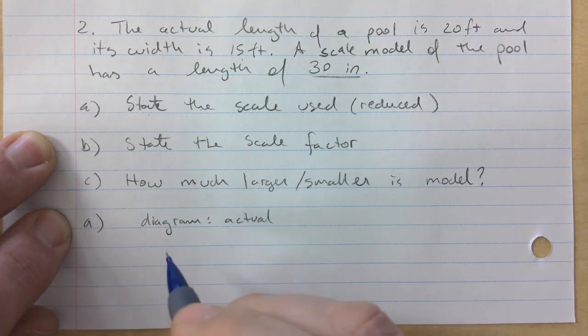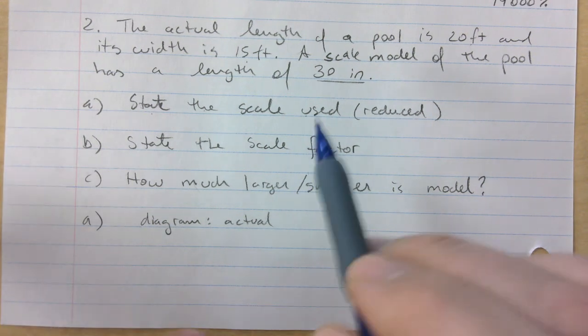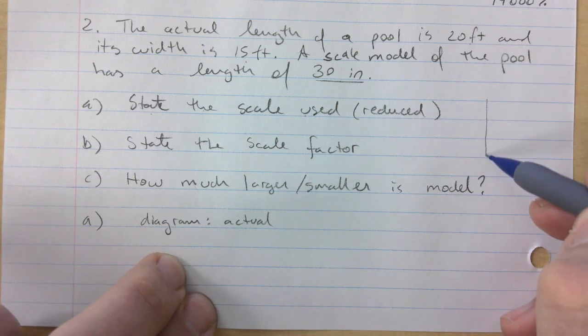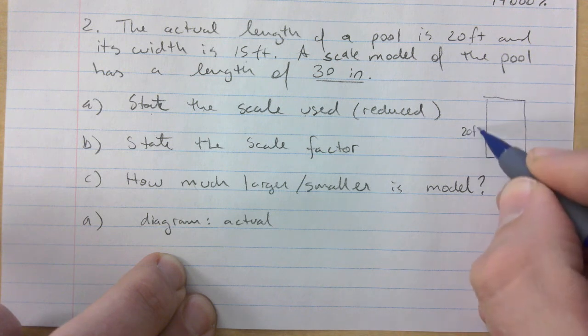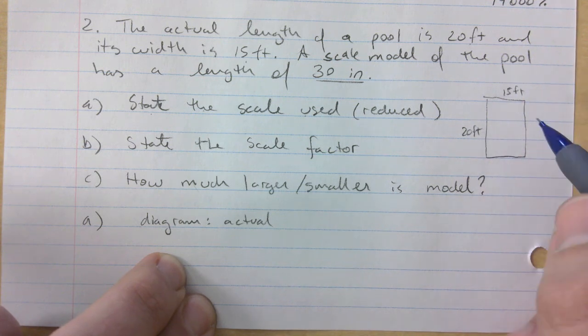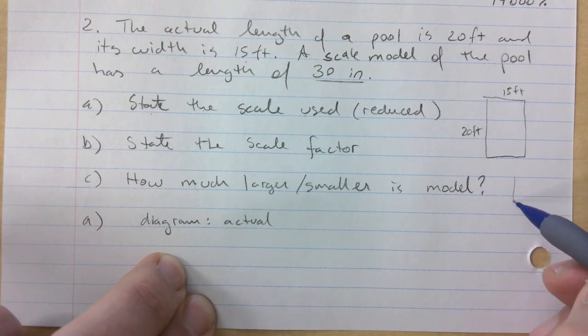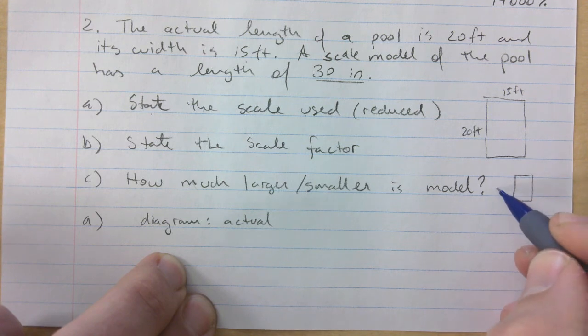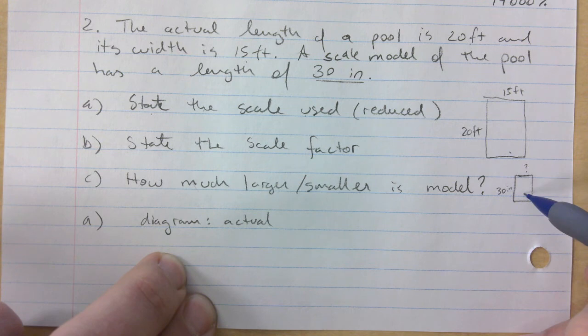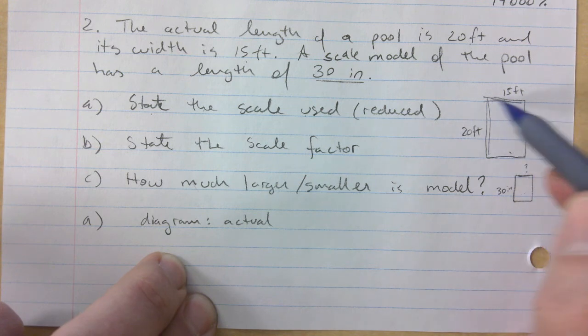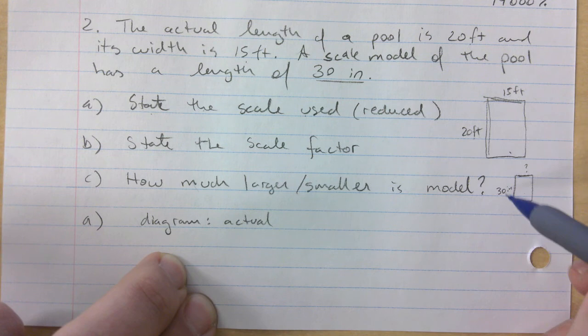All right, so the key here is to understand that if you think of a rectangular pool, and it's 20 feet long, 15 feet wide, right? And so you made a scale, you can probably tell it's a smaller version of it, and you're told that the length is 30 inches, you don't know what the width is, okay? But when you're making a scale of something, both dimensions, or all dimensions for that matter, have been adjusted by the same scale factor, by the same amount, okay?